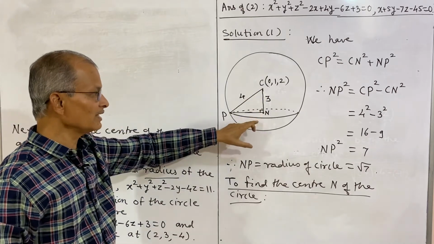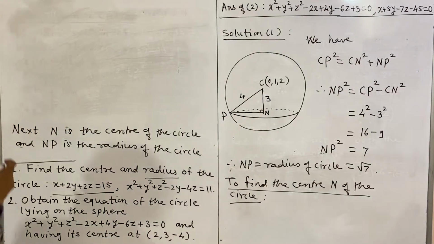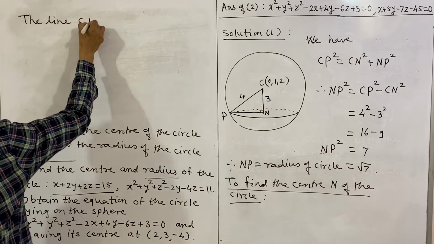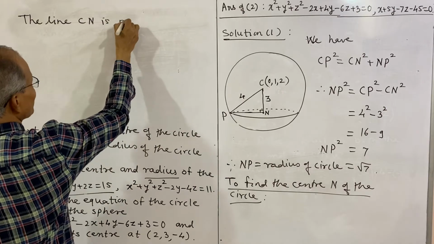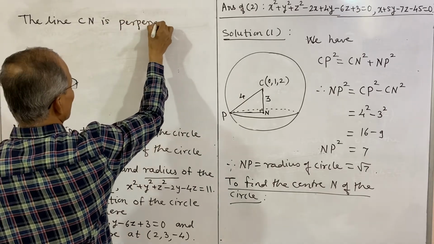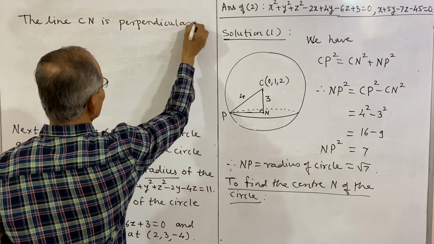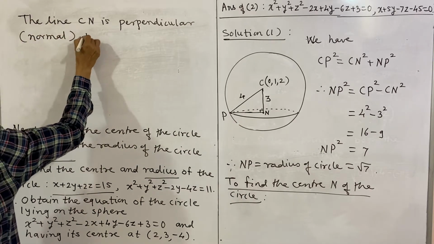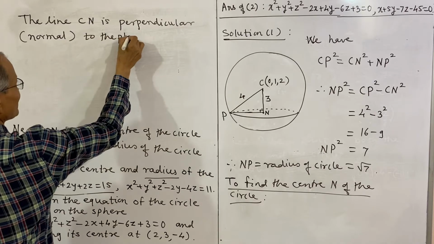Now Cn line is perpendicular to the plane. The line Cn is perpendicular to the plane, or perpendicular means normal to the plane. So what is the plane?